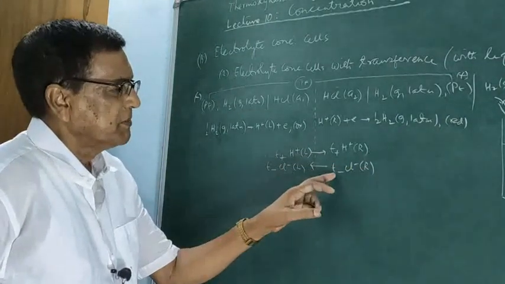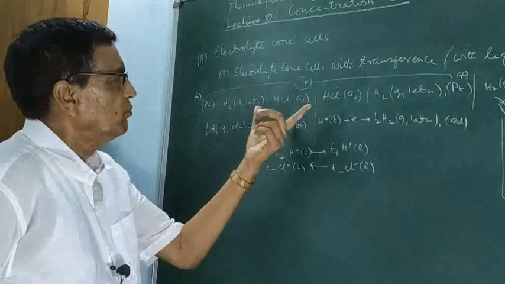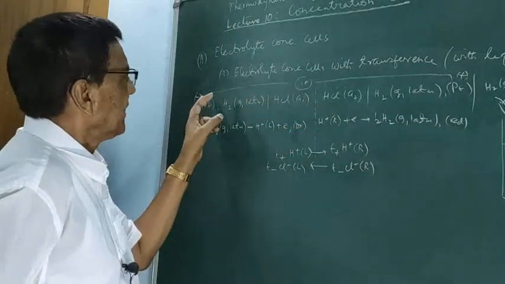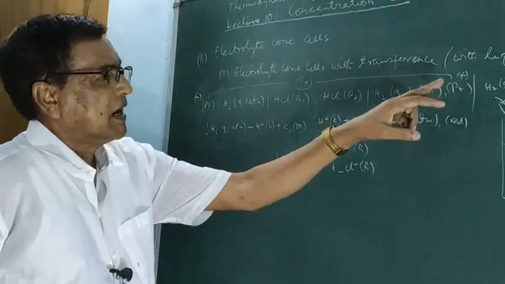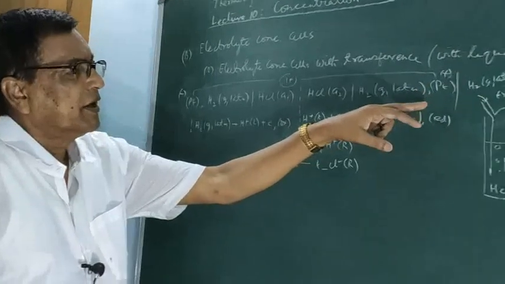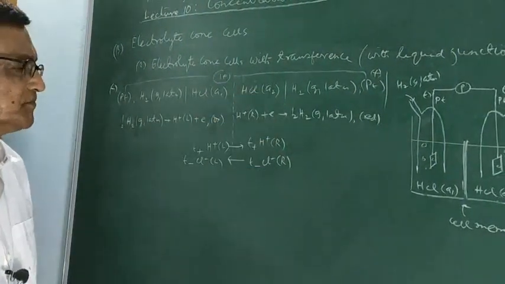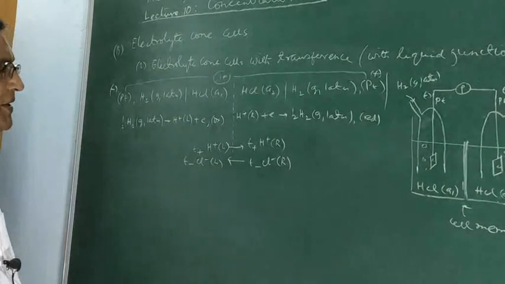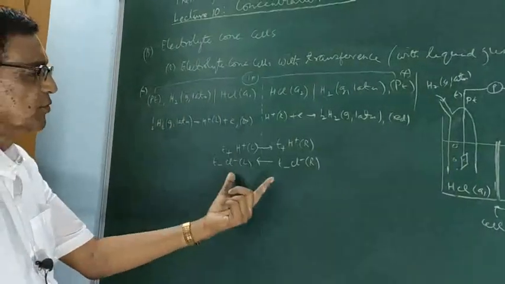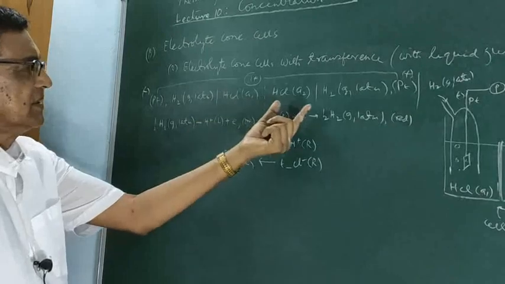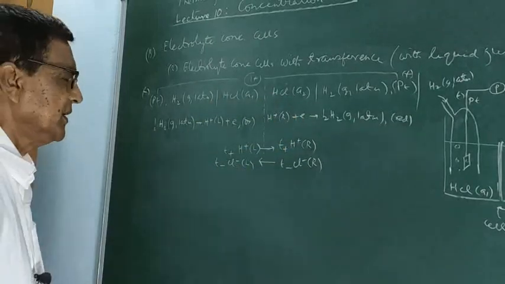So t plus plus t minus is equal to 1 Faraday. Both sides, 1 Faraday in the outer circuit and 1 Faraday in the inner circuit, complete the circuit. Not only that, by doing this, each half cell becomes electrically neutral.